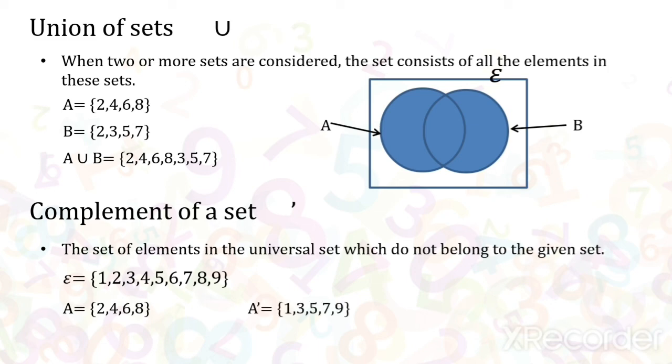To represent the complement, without 2, 4, 6, 8, we can take the elements from the universal set, 1, 3, 5, 7, 9, without taking the elements of A. B is {2, 3, 5, 7}. So B complement means, without taking 2, 3, 5, 7 from the universal set, 1, 4, 6, 8, 9 can be taken.